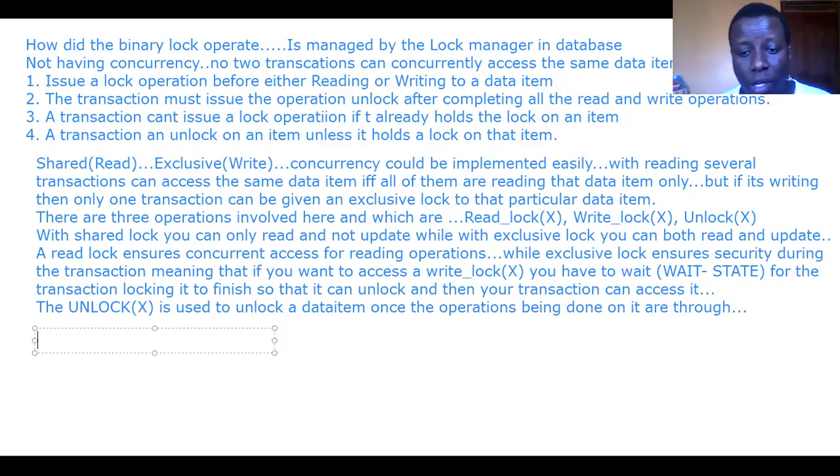Two-phase locking. So let's talk about that. This is also another form. We have talked about binary, shared exclusive, and then we have the two-phase, 2PL locking.